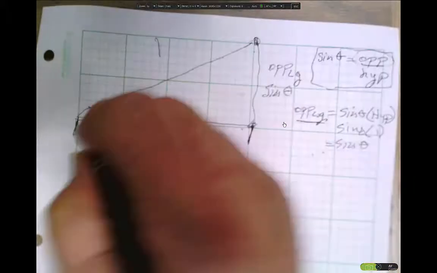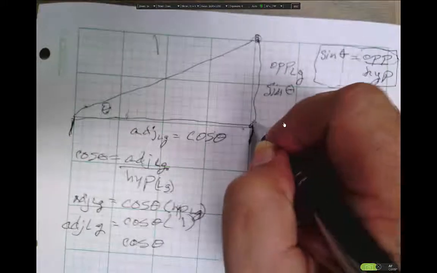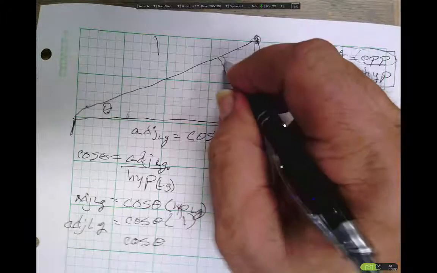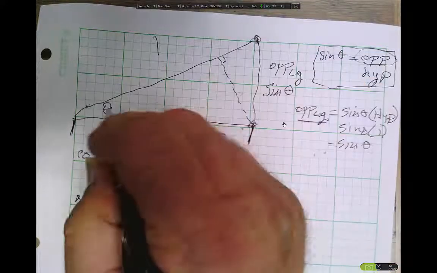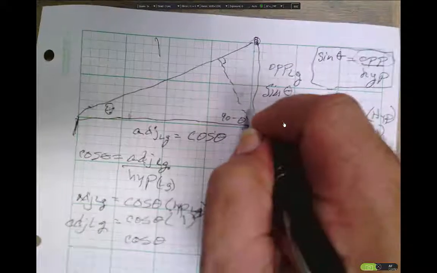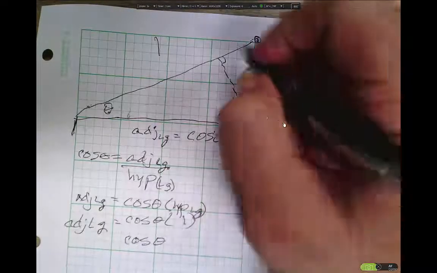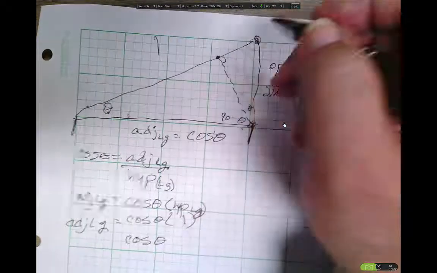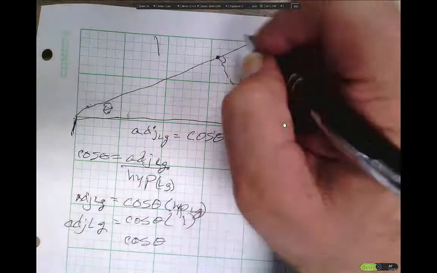So if we treat this as a base of this triangle, an altitude to it would simply be this line segment here at a right angle, and this being theta, this would be 90 minus theta, and this would be theta. If we wanted to put a symbol over here, there's no symbol so far, so we could invent a symbol.